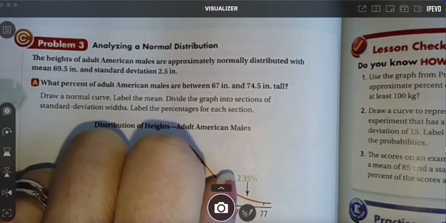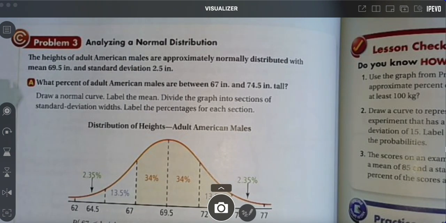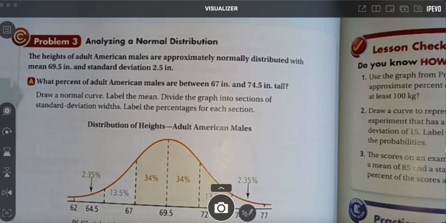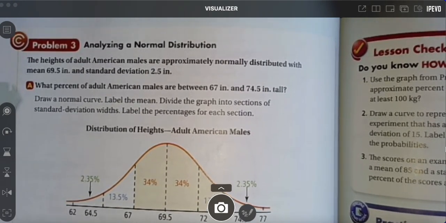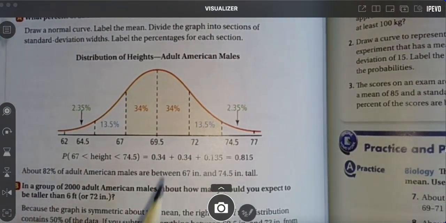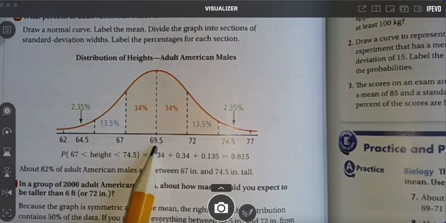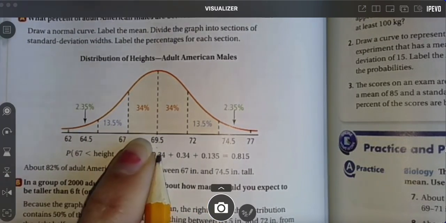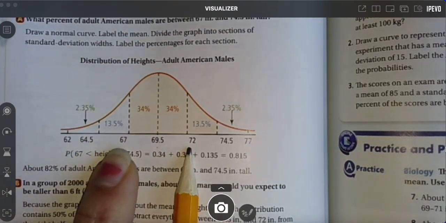It says the heights of adult Americans are approximately normally distributed with a mean of 69.5 and a standard deviation of 2.5. So here's their picture. They did 69.5, and then they added and subtracted 2.5, right?